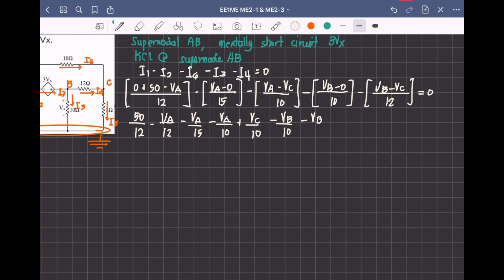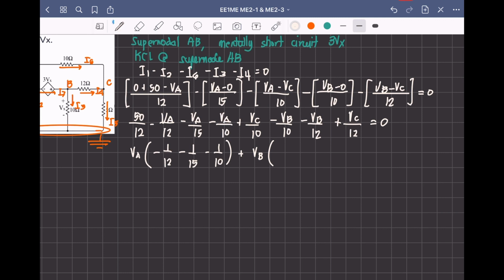Negative VB over 12, distribute the negative sign, negative, negative, positive VC over 12. And then equate to 0. After that, group all together the VA terms. So you have there negative 1 over 12, negative 1 over 15, negative 1 over 10. Okay, next is plus VB.